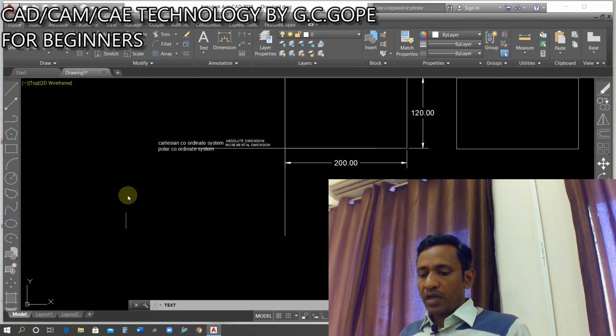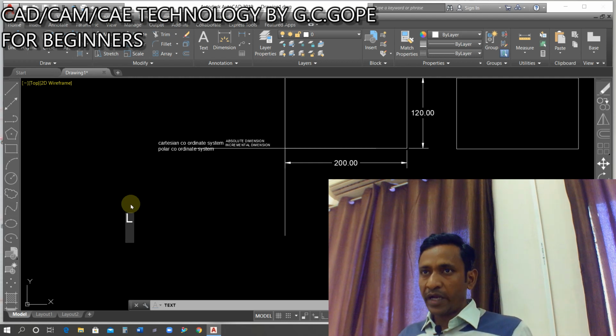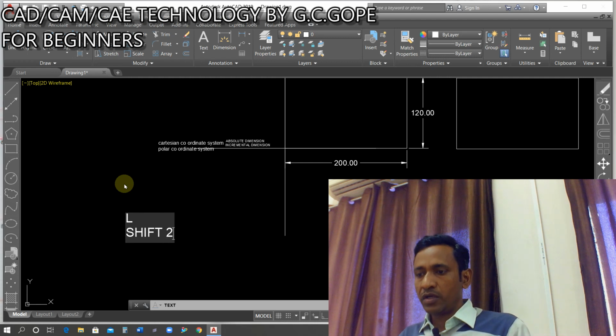Now L, enter first. Then Shift plus 2, I am going to write it so that those of you who are not understanding can follow in the proper way. Press Shift, and then press the 2 button, and the at-the-rate sign will come.